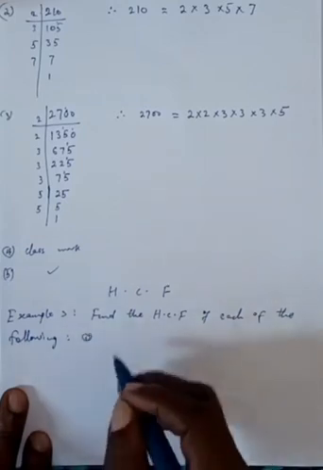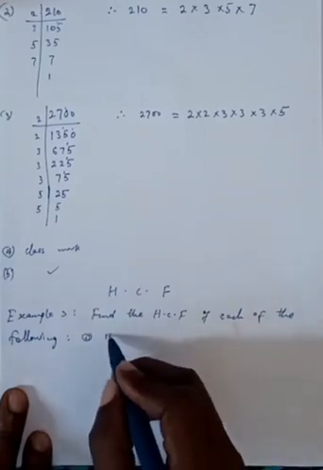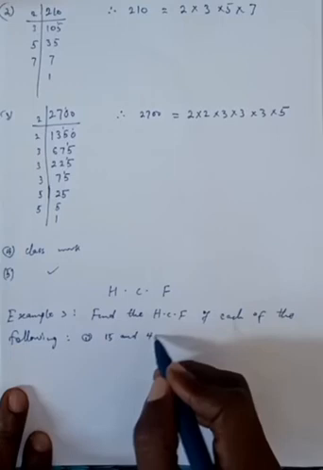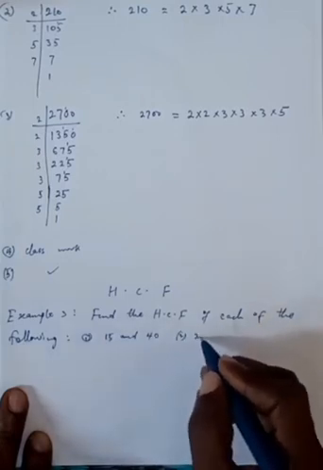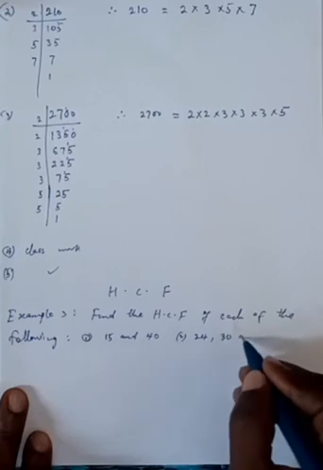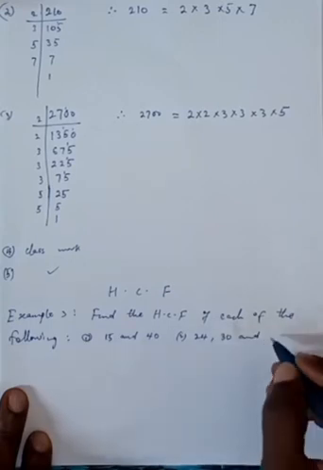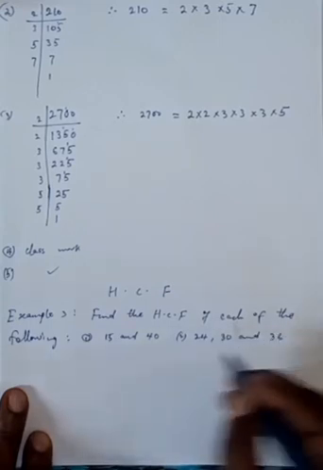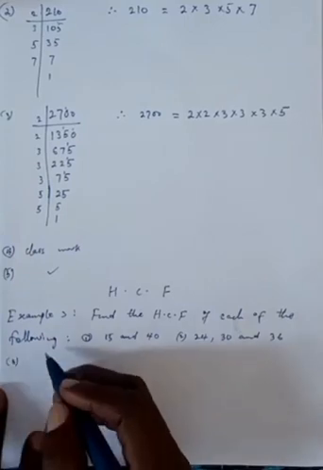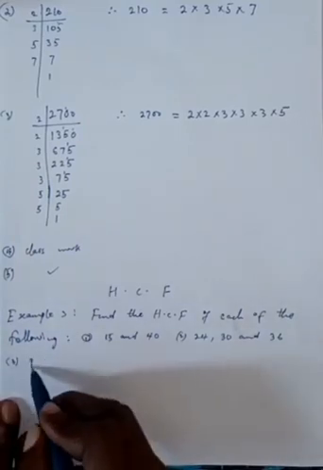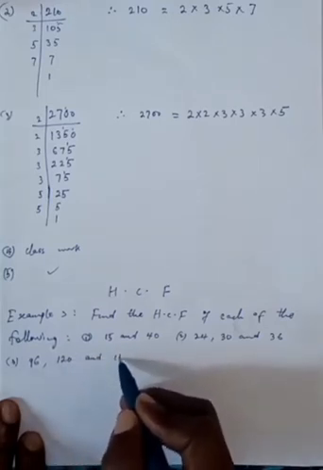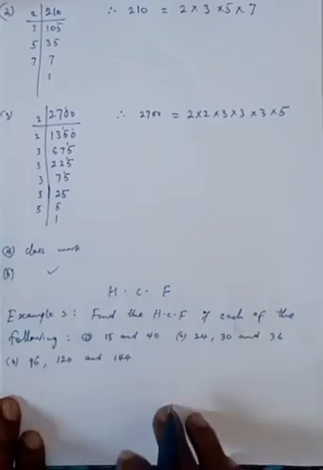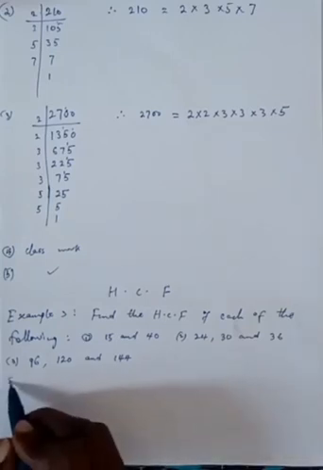Number 1, that is 15 and 40. Number 2, 24, 30 and 36. Number 3, 96, 120 and 144.